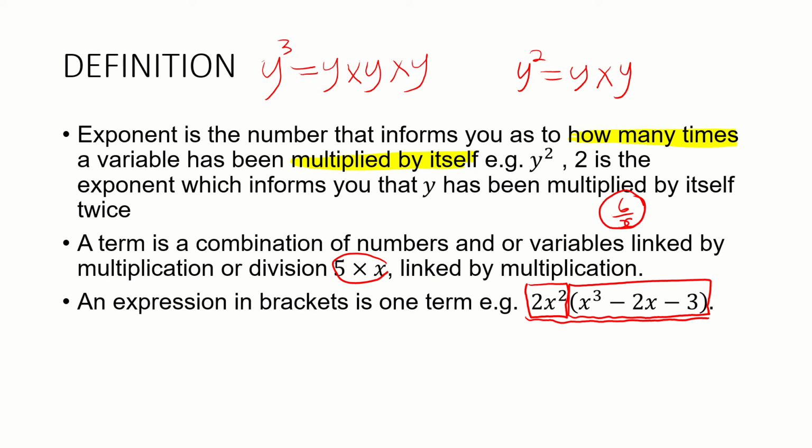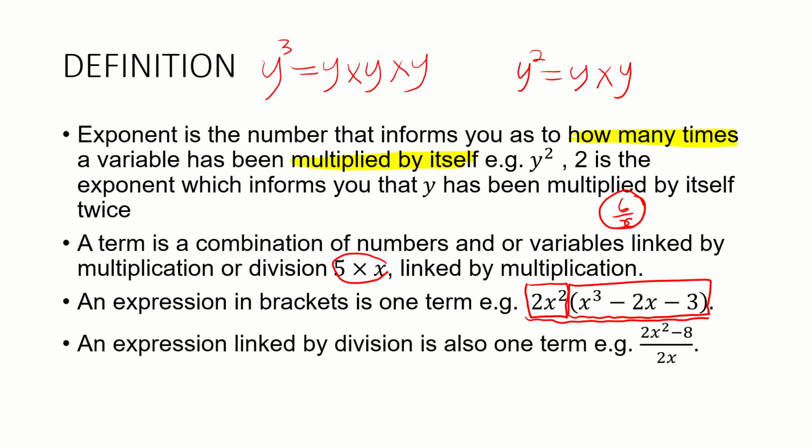Remember, a term is linked by multiplication and division. Now you know that it will also be linked by brackets. So if it is enclosed by bracket, it will be one term.